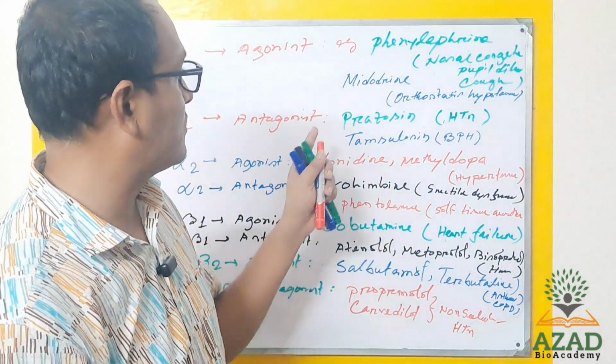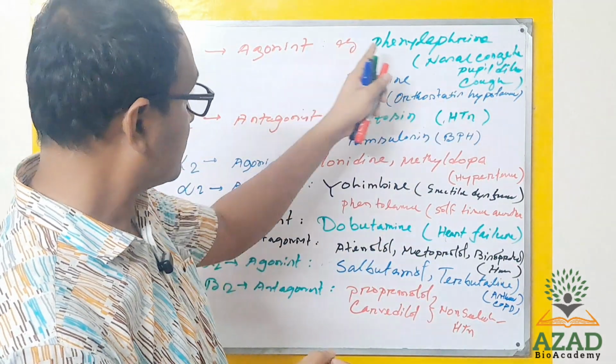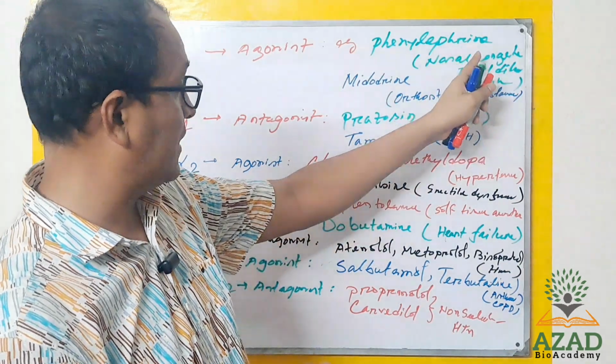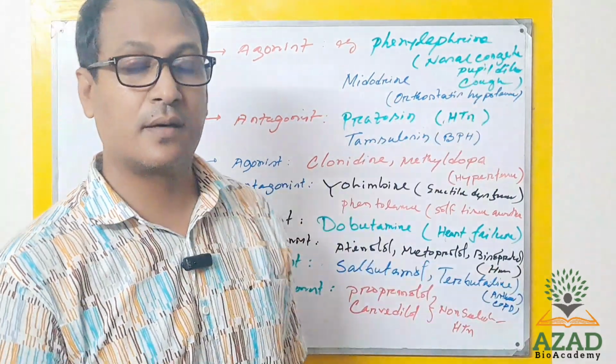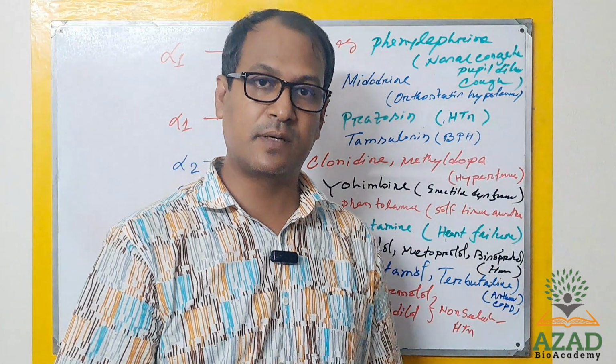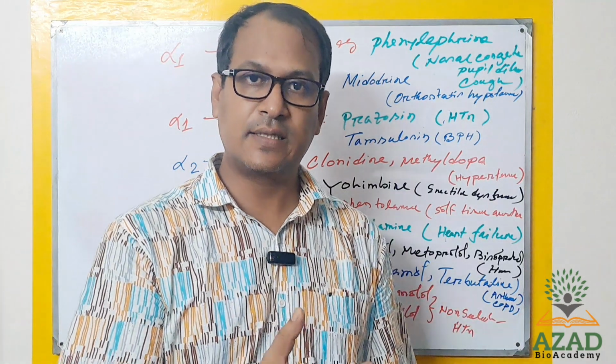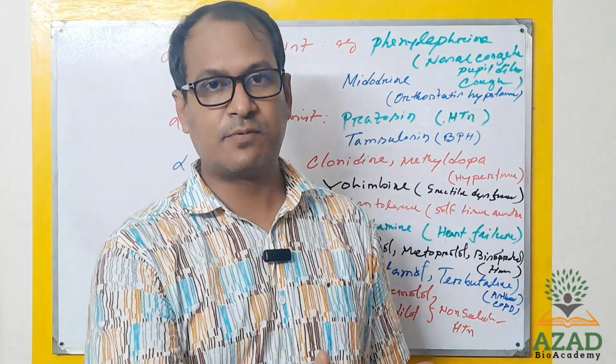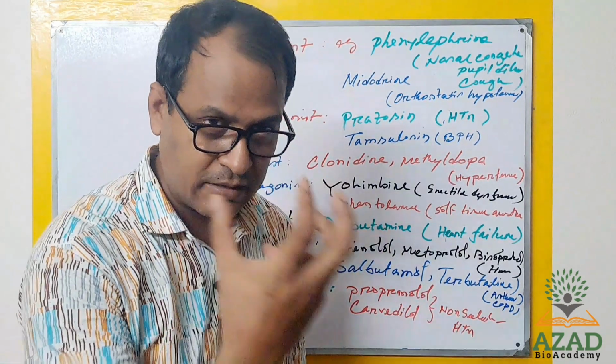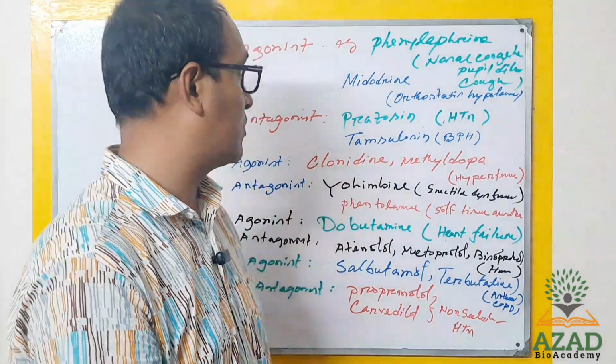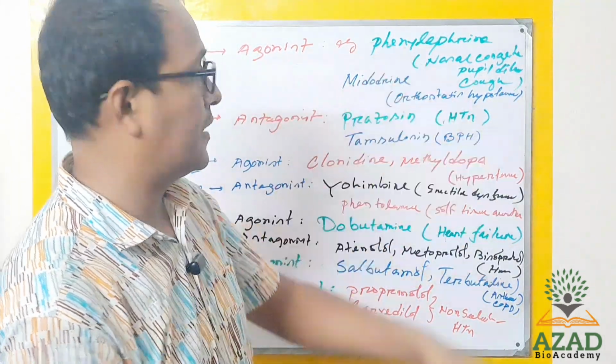So in that way you can use phenylephrine for your pupil dilation. Also, it can be used for cough. In some rectal preparation for blood vessel related problem, you can also use phenylephrine.